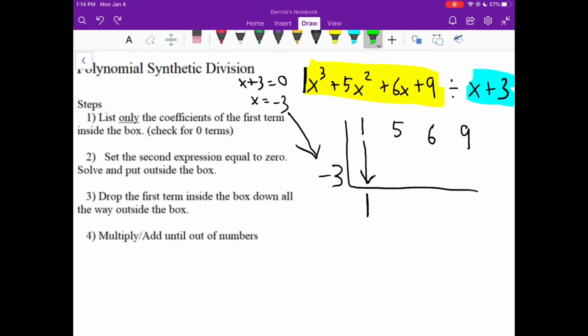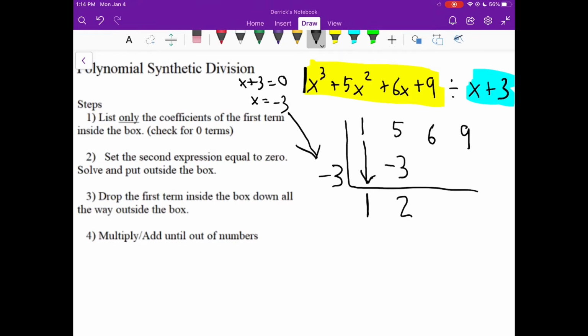So now we take 1 times -3, which gives us -3, and we write that underneath the 5. That was multiplication. Now we do addition, meaning we take 5 plus -3, adding down through this column. 5 plus -3 is positive 2.